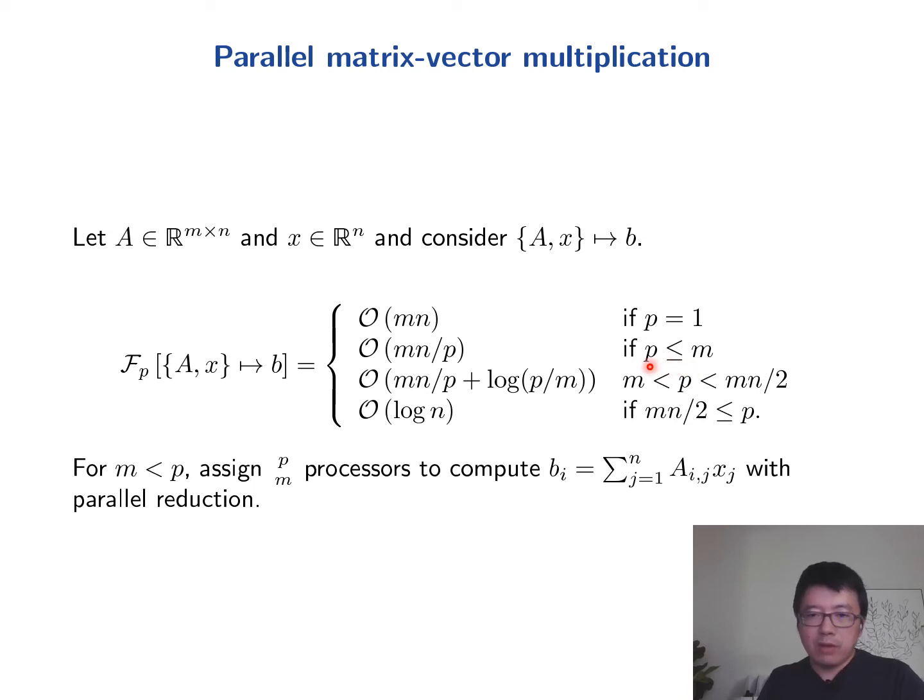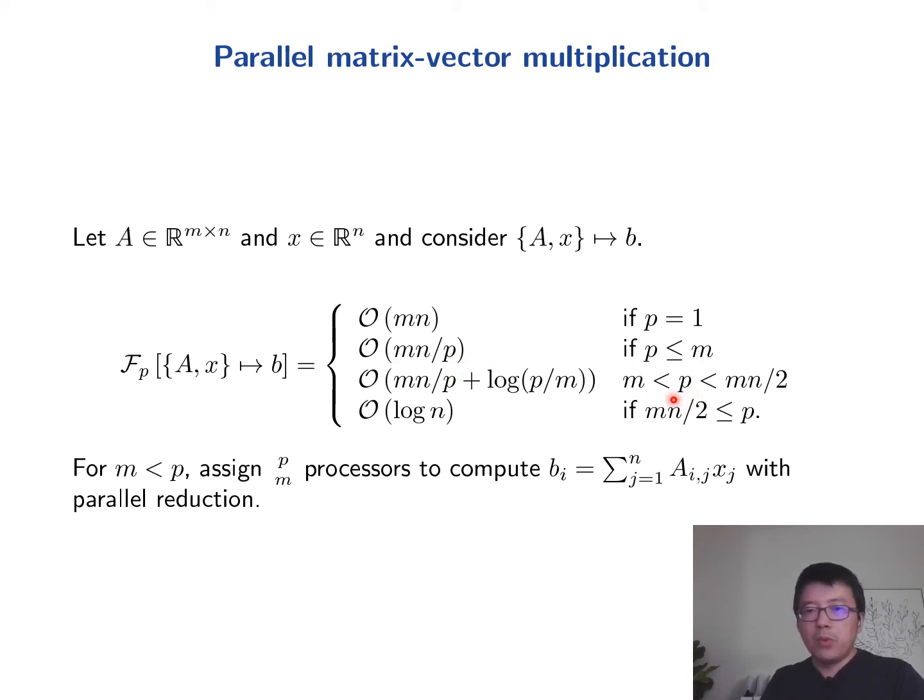So each processor roughly gets M over p entries to take care of, and every entry requires an inner product of the corresponding row of A with the vector x. That serial computation takes O(N). So together, every processor is roughly going to take this number of flops.